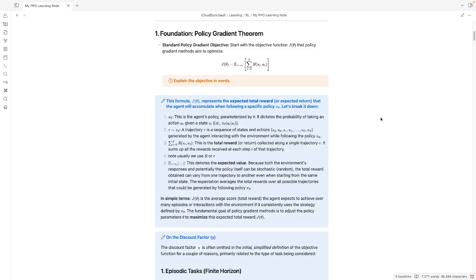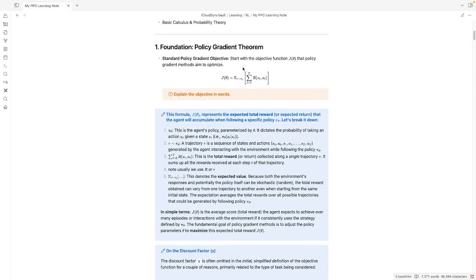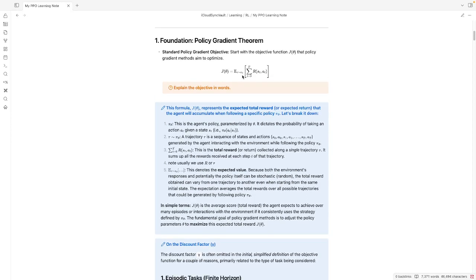In reinforcement learning, this objective function, the policy gradient objective, is the standard objective that we want to optimize, which means for a trajectory that is sampled from the policy pi, this is what we want to optimize. So it's basically the summation of the reward for each step.